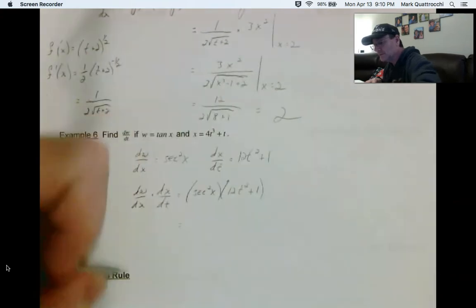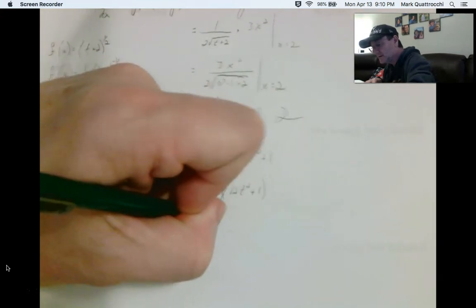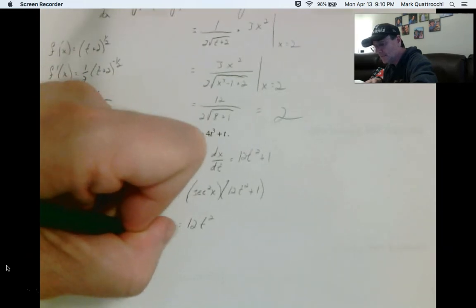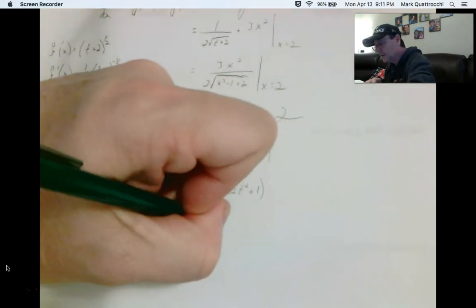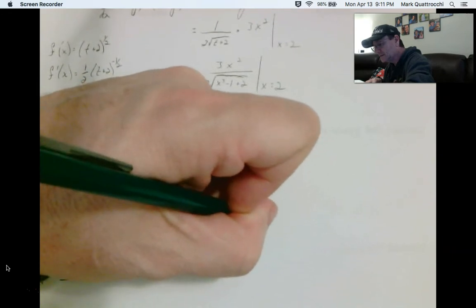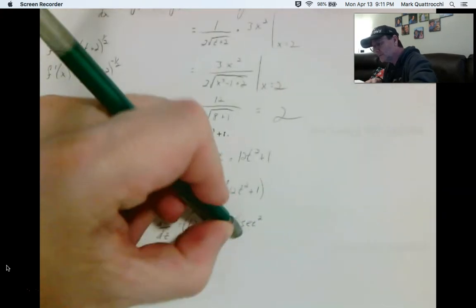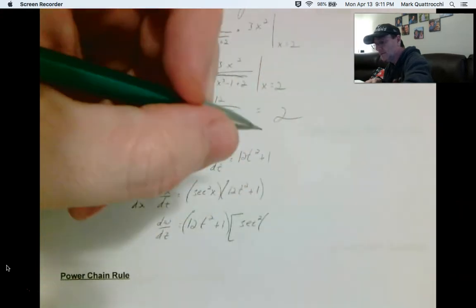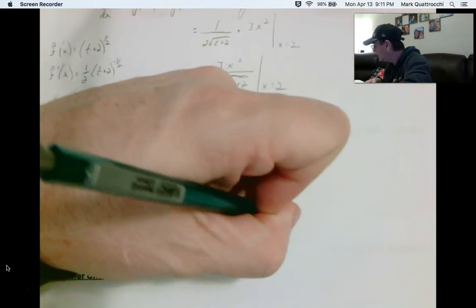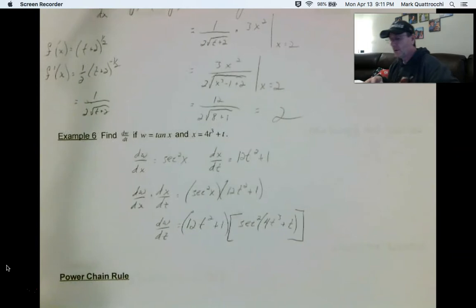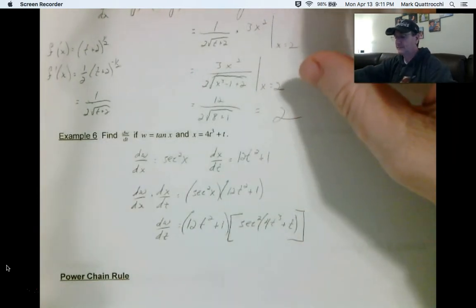And then we put this out in front. dw/dt, the derivative of w with respect to t, equals 12t squared plus 1, times secant squared of 4t cubed plus t. And that's the answer to example 6.